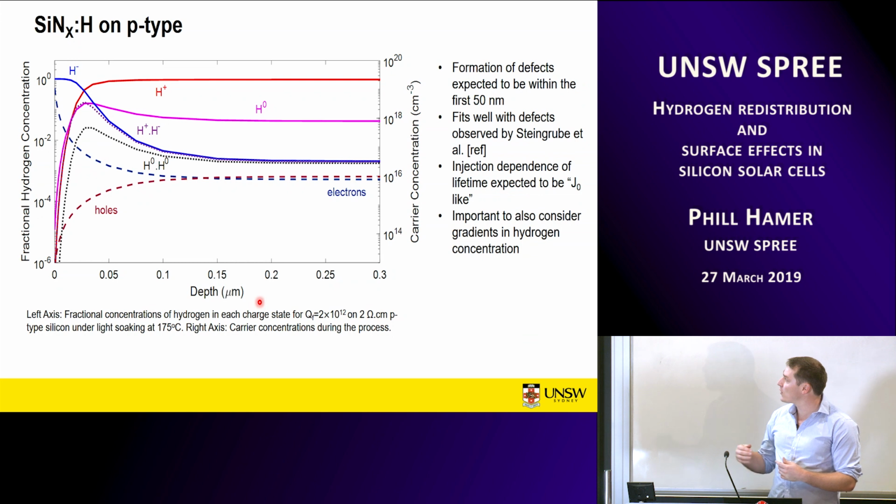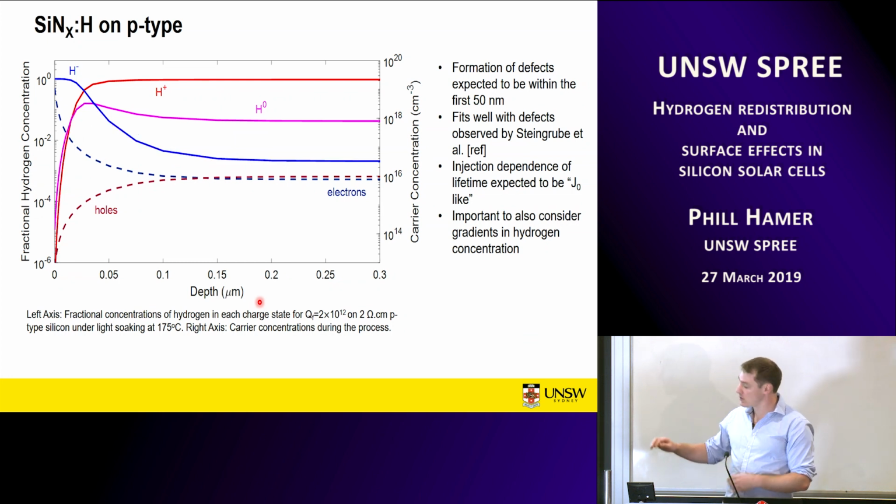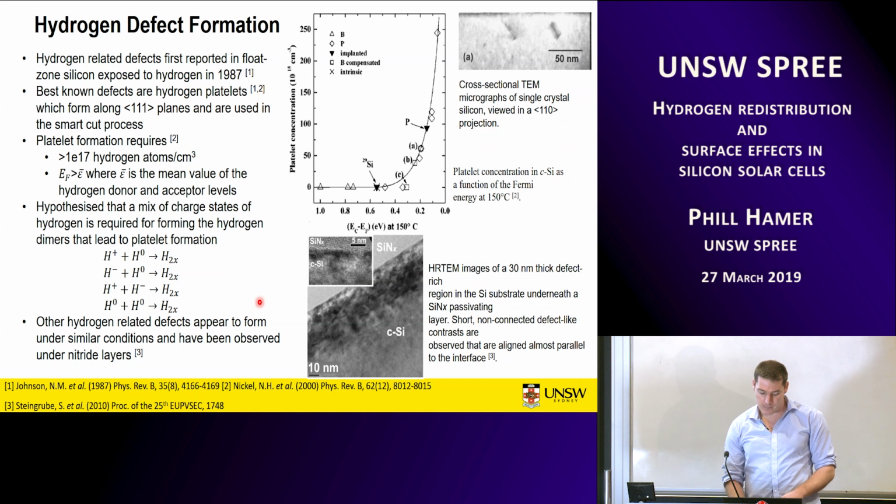If we're concerned about the product of the charge states, which we need for dimer formation, we would expect the defects to form within the first 50 nanometers, usually around the 30 nanometer mark. That fits pretty well with the injection level dependence, being modelled as basically a straight J0, and if we go back a slide, it matches very nicely with the observed location of the defects Steingruber found.